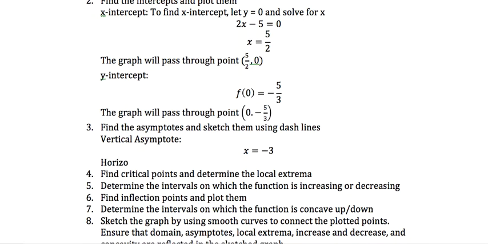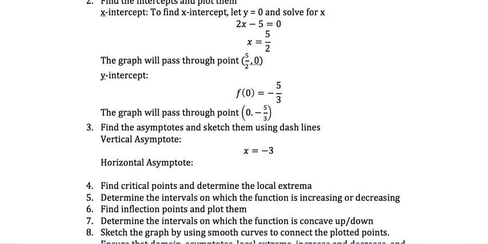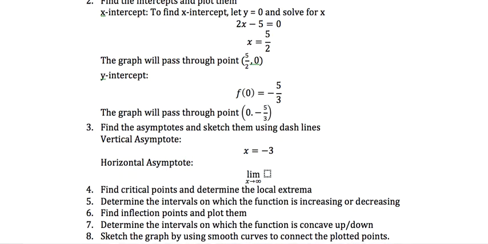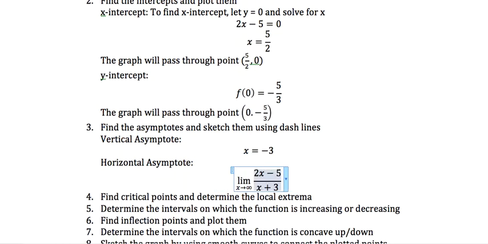Next, let's find the horizontal asymptote. In order to do that, we need to calculate the limit as x goes to infinity of the function.